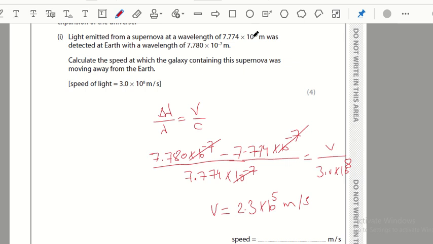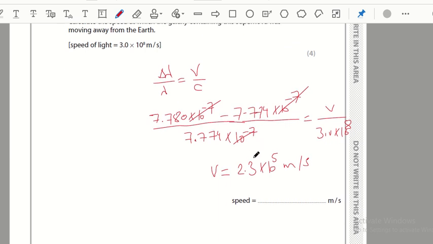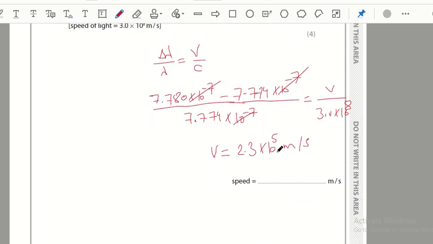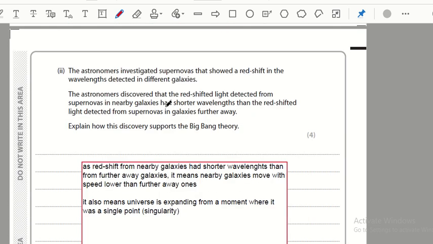So we have here the original wavelength and the measured one, and it is clear that the measured one is greater than the original one. So there is a delta lambda. This delta lambda, if divided by the original lambda, gives a ratio that is equal to the ratio of the velocity of the galaxy to the velocity of light, a well-known relation. We can then substitute, make our calculation and find the velocity.